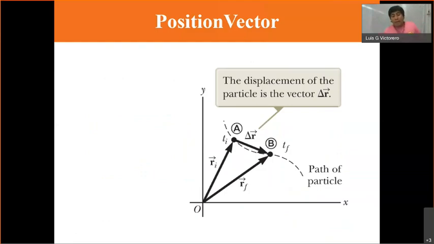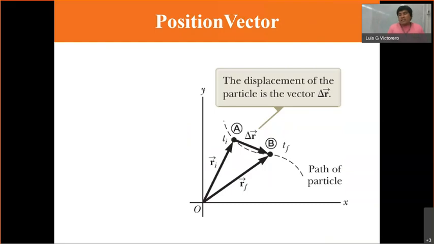So you can have a particle going from position A to position B, and that's the displacement delta r, where r final minus r initial will be the displacement, and r is basically the vector sum of the x component and y component respectively.